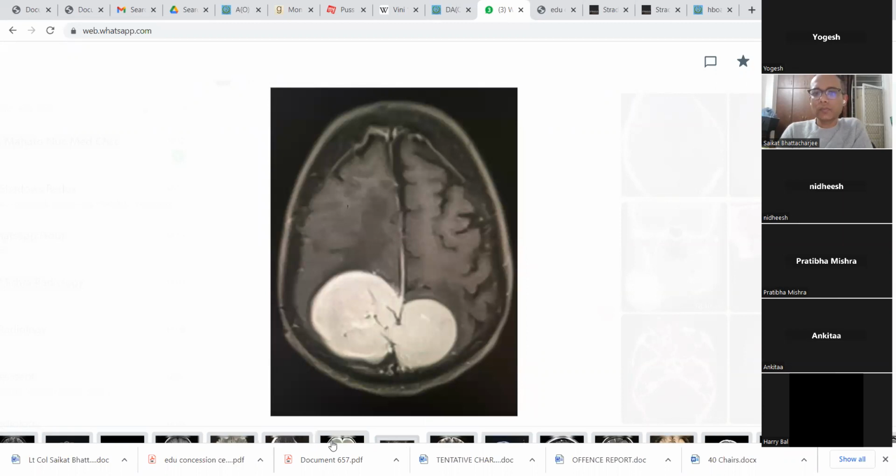Yogesh? Sir, meningioma extending bilaterally. So bilateral falcine meningiomas. You can tell that from the very avidly enhancing, well circumscribed parafalcine lesions which are extra-axial, with such avid enhancement and attachment to the falx.